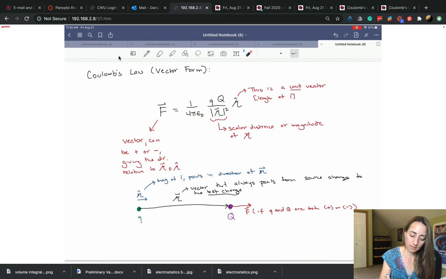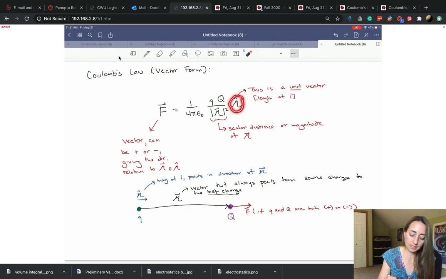So this r hat, this unit vector, is basically turning the quantity on the right-hand side of the equation into a vector quantity. You don't want to change the magnitude of the vector with r hat. You just want to give it a direction. So this part is determining the magnitude of the force, and the unit vector is giving you the direction of the force.